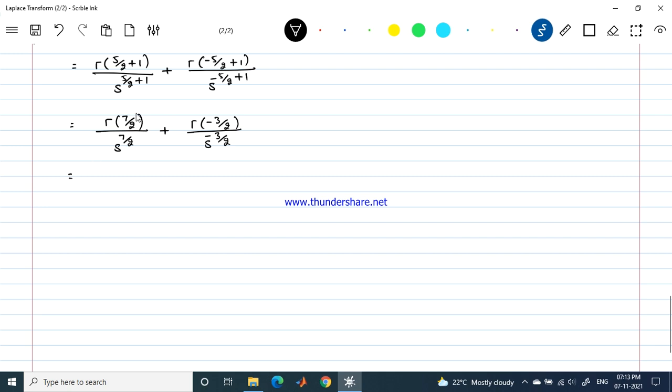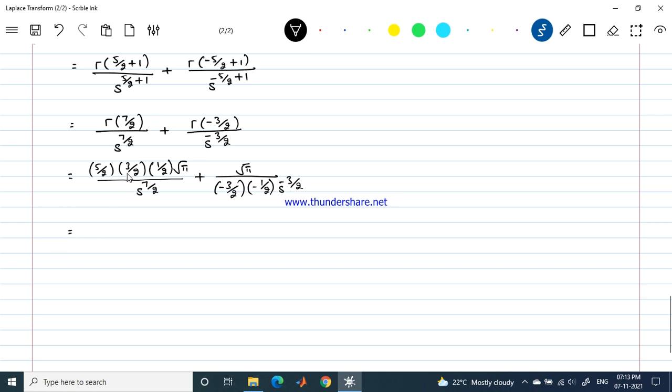Now let me write the value of gamma of 7 by 2. Its value is 5 by 2 into 3 by 2 into 1 by 2 square root pi, whole thing divided by s power 7 by 2, plus gamma of minus 3 by 2, that's given by square root pi upon minus 3 by 2 into minus 1 by 2 into s power minus 3 by 2.